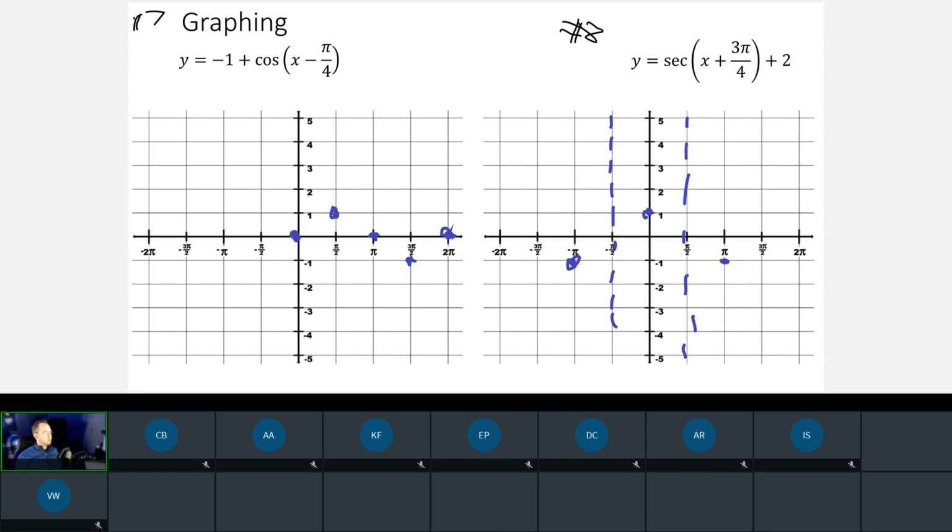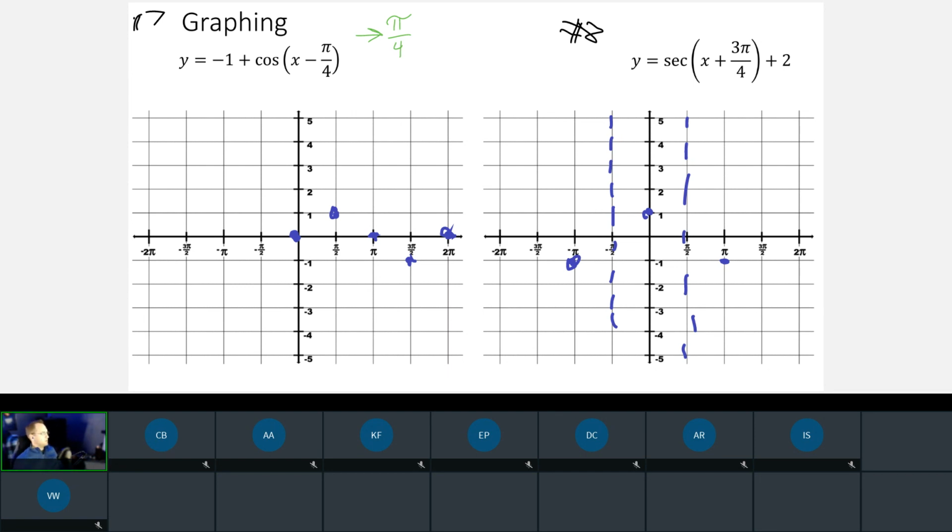All right. What is the horizontal shift? Right, pi over 4. I agree with that. Yep. So we're going to go right pi over 4.